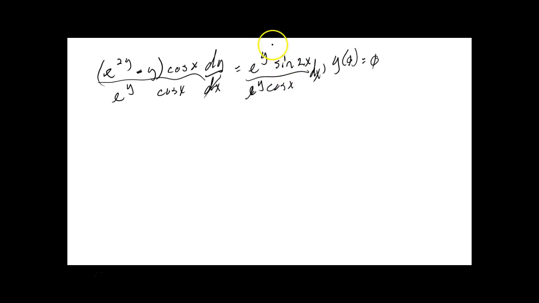So now the e to the y's go out here, the cosine x's go out here, the dx went out. We got a problem, Houston. Let's see what it is. Well, first let's look at this. Here we have e to the 2y over e to the y. That would just be e to the y, right?